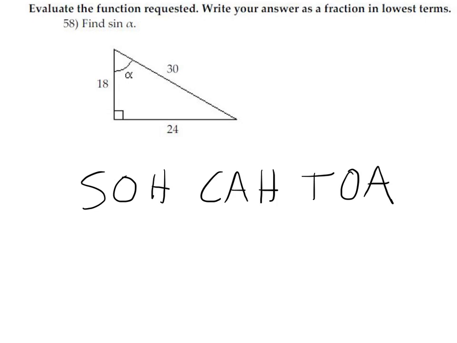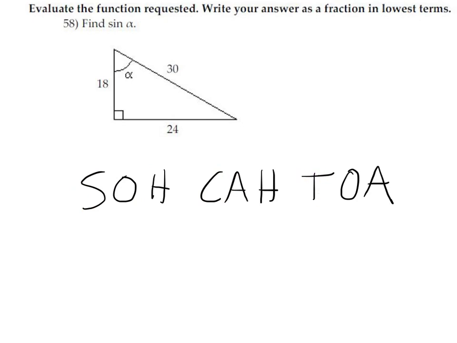This stands for sine is defined as opposite over hypotenuse. So O is opposite, H is hypotenuse. Cosine is adjacent over hypotenuse, and tangent is opposite over adjacent. So the O is for opposite, the H is for hypotenuse, the A is for adjacent, S is for sine, C is for cosine, T is for tangent.